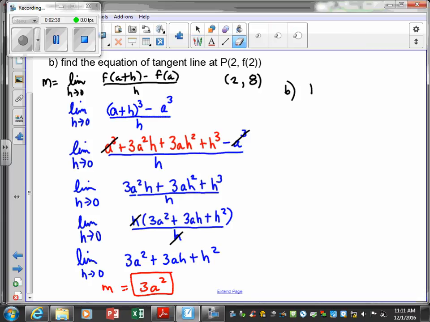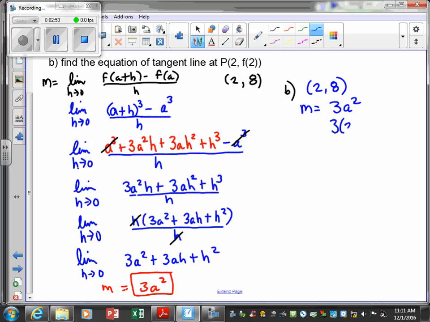Our point is going to be 2, 8, and our slope was defined by 3a squared, but we know a in this particular case, which is what? 2, so slope is 12.